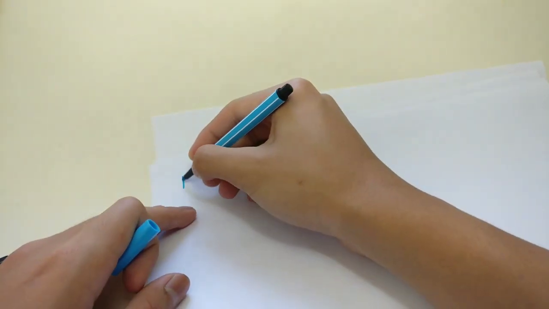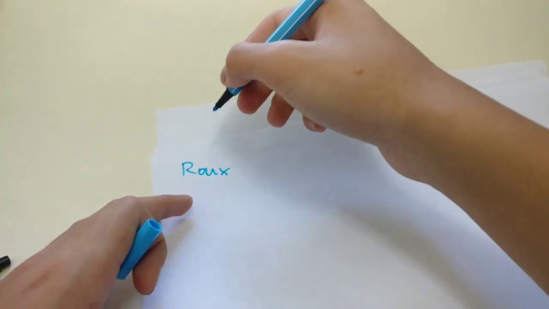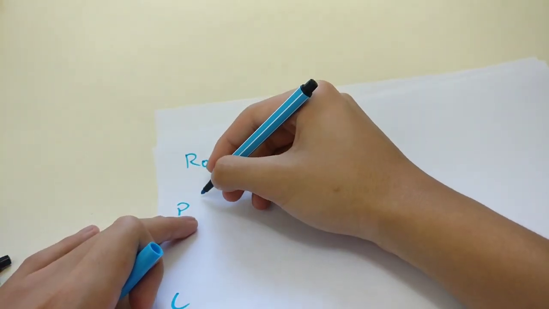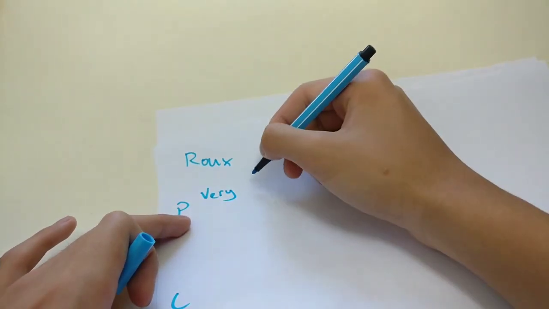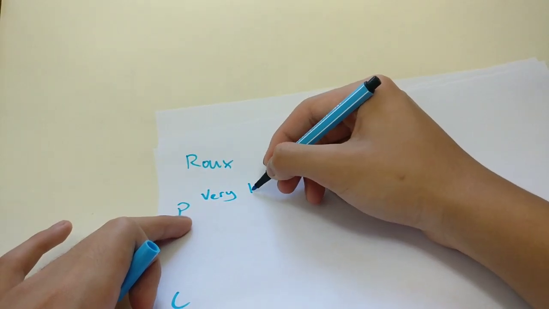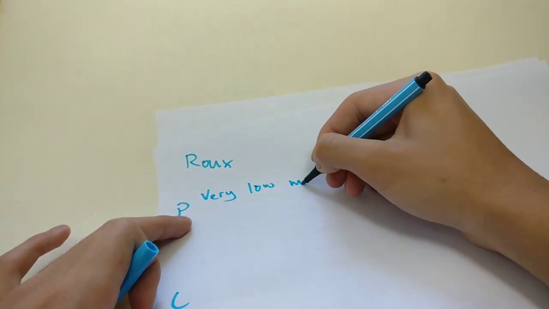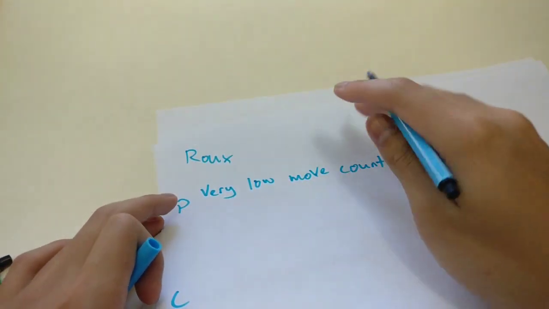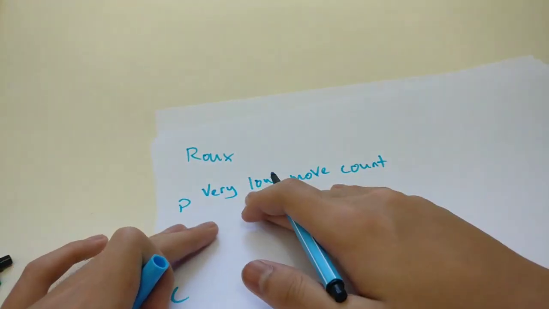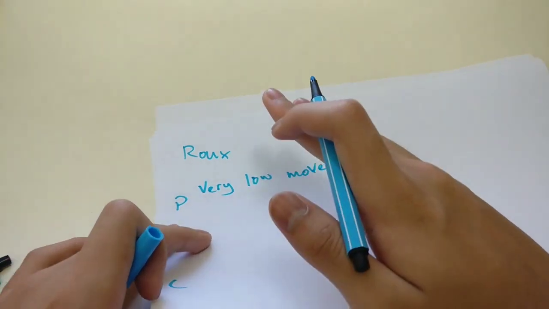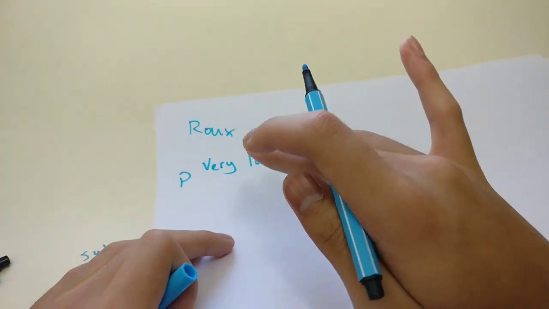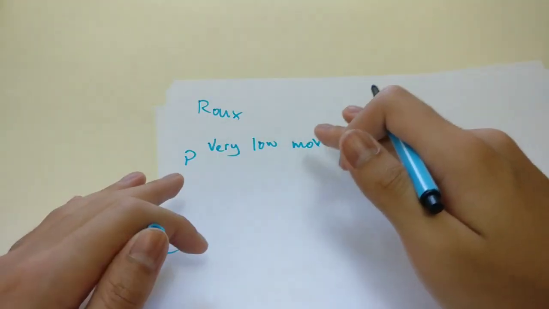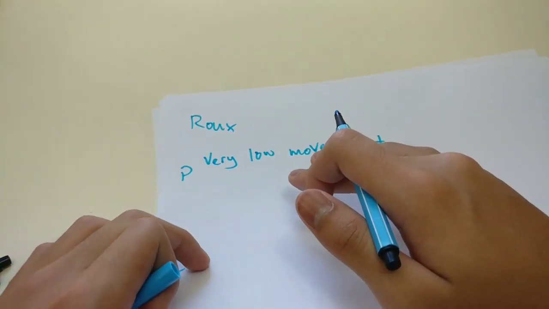What's good about Roux is that you have a very low move count. It's like 10 moves less than CFOP, which is a very good thing, because the low move count means that you will not need to turn as quickly to get around the same time as you do with CFOP.